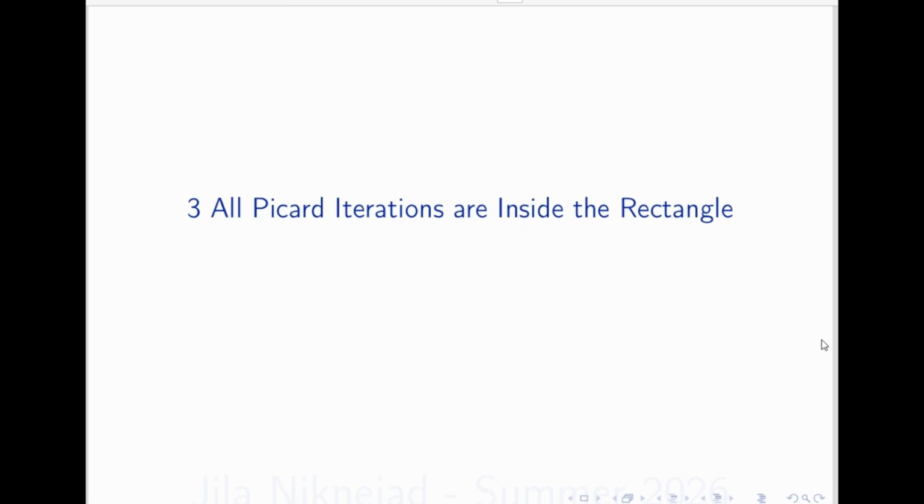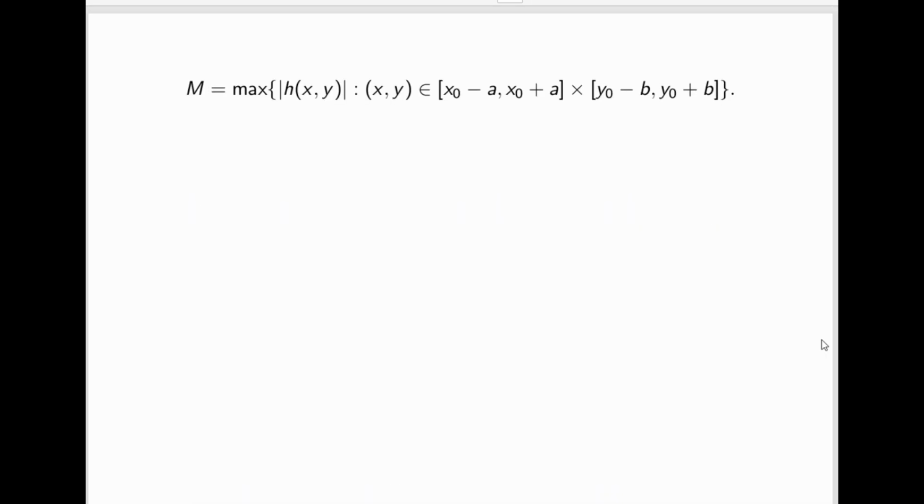To be able to use the extreme value theorem, we want to show all Picard iterations are inside the closed rectangle. We want to have an m defined as the maximum of the absolute value of h of x and y, such that x and y are in the rectangle, the closed interval x naught minus a and x naught plus a times the closed interval y naught minus b and y naught plus b.